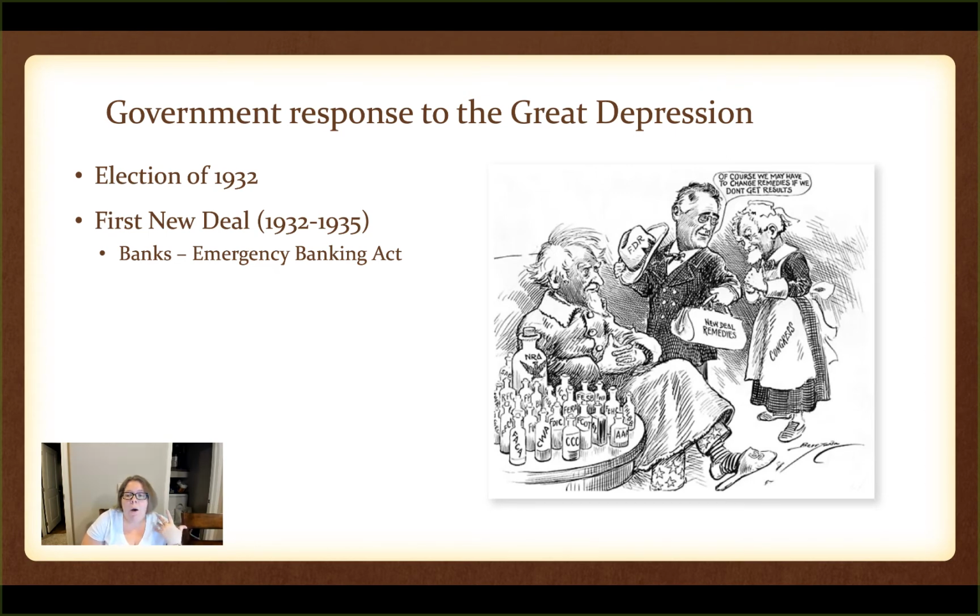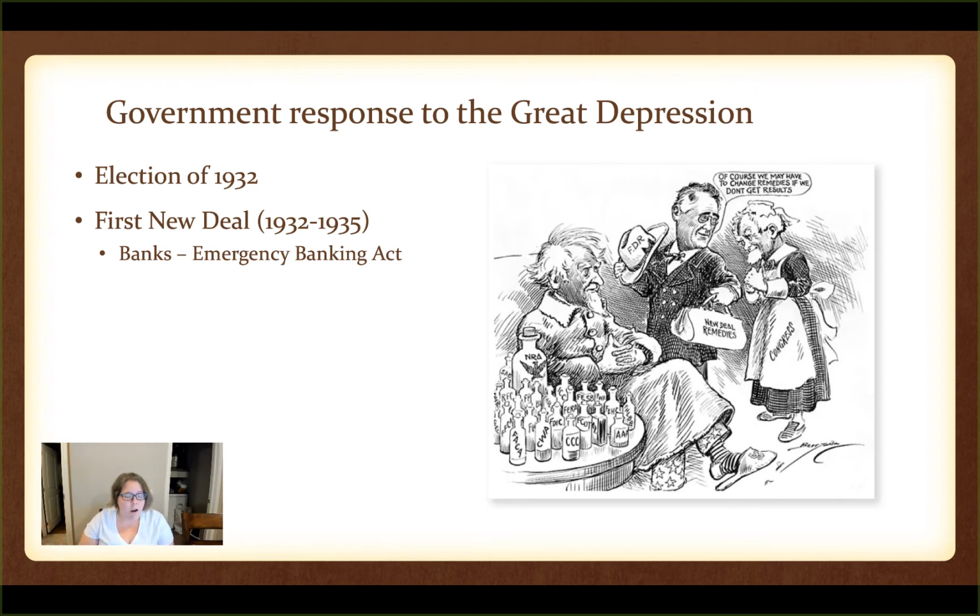So between the time that Roosevelt is elected president in November of 1932 and the time he takes office in March of 1933, things get horribly worse for the Depression. Hoover is reluctant to do anything in this period because he's a lame duck president. He's on his way out. He doesn't really want to do anything without the okay of his successor.